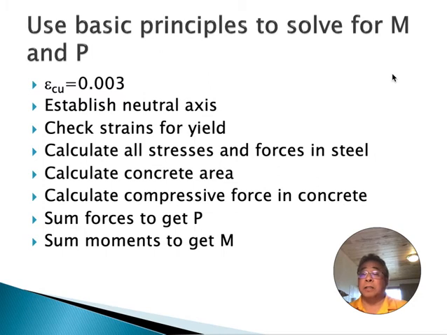We'll check these strains for yield. We'll calculate all stresses and then forces in the steel. We'll calculate the concrete area in compression and the compressive force. We'll sum up all the forces to get the axial load at failure, and then we'll sum up all the moments to get the moment at failure. That's a lot to digest, so it's best explained in an example.